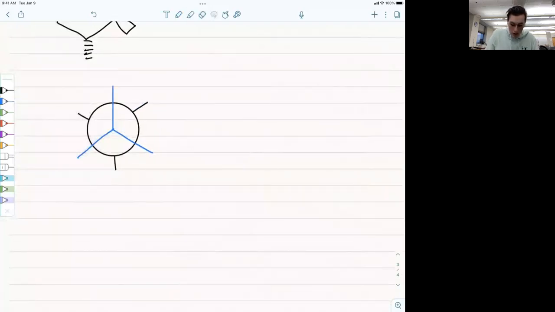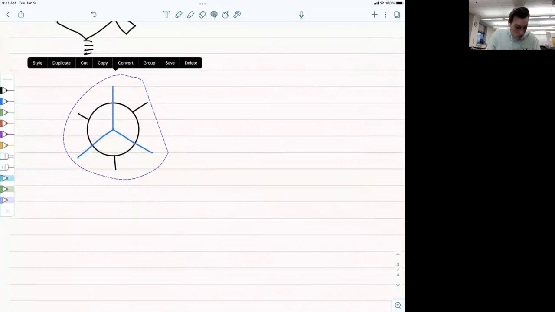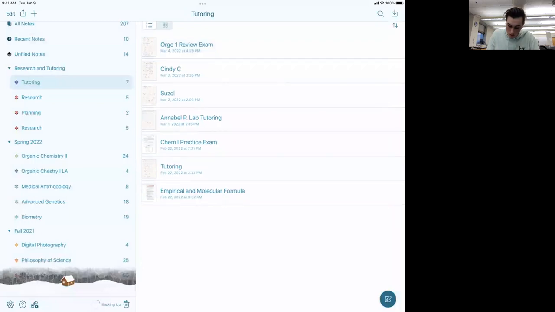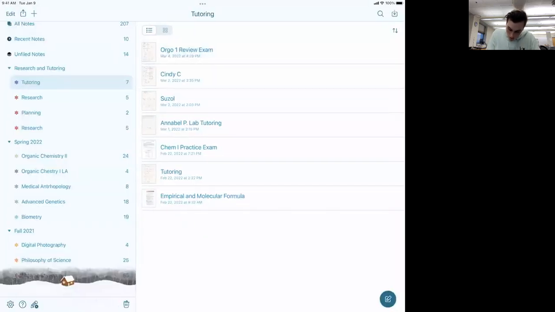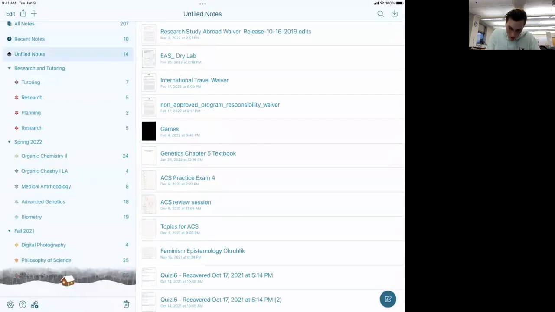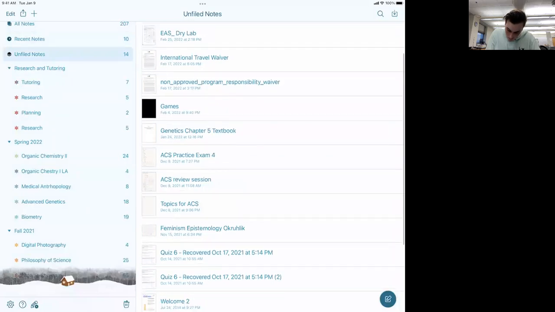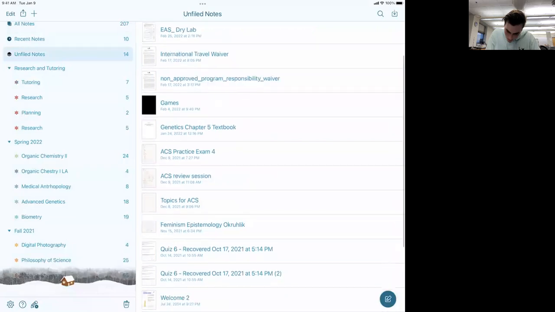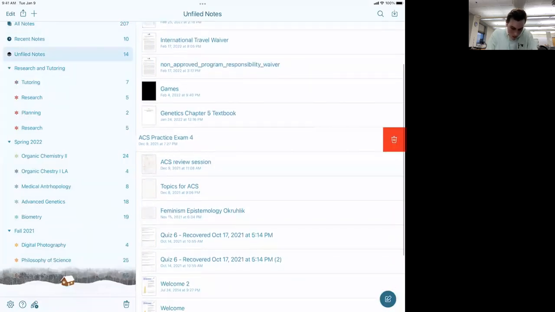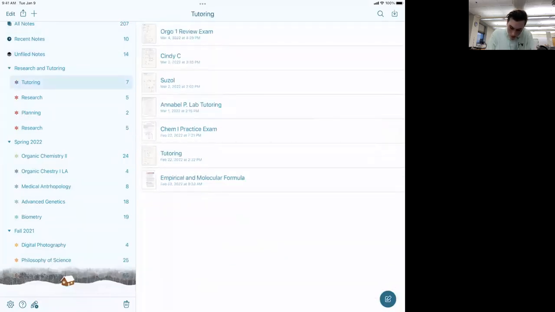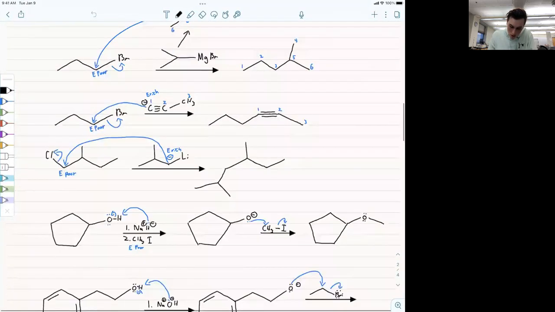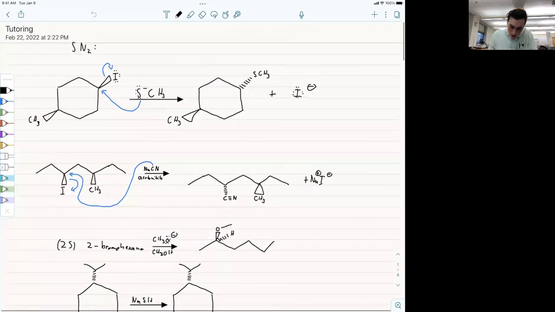So the way you can write these, and now we'll do our problem, is someone did this molecule. Nope. If I can find it. I might have deleted it.